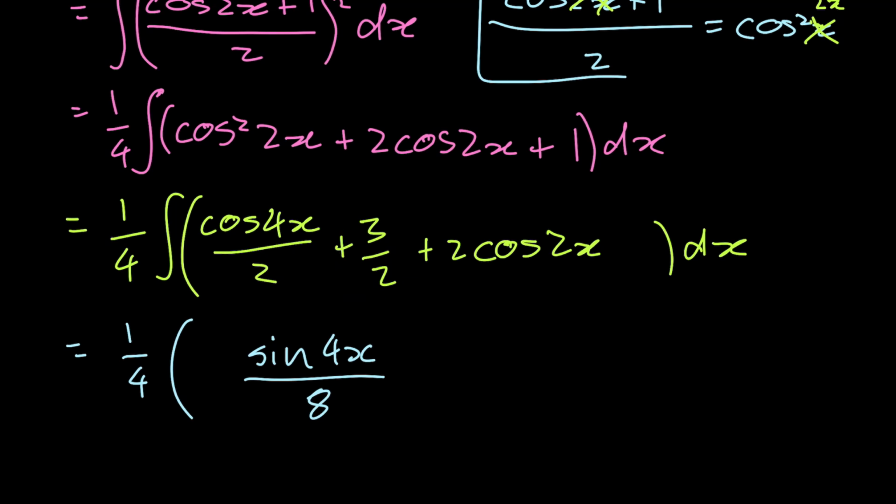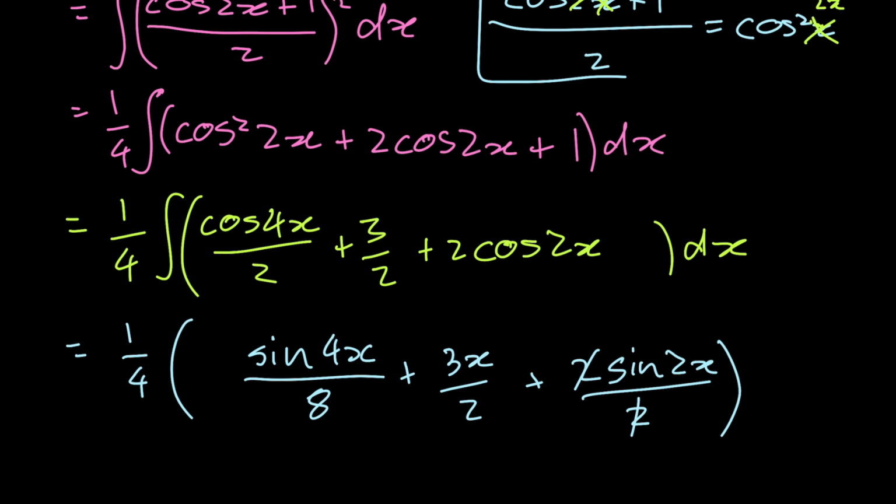The integral of 3 over 2 is 3x over 2. And then the integral of this, in a similar way to how we did the integral of cosine of 4x over 2, we have sine of 2x times 2, we keep the constant, then we divide by the derivative of what's in our cosine. So we divide by 2, and those 2's cancel. Then don't forget plus c, the constant of integration.